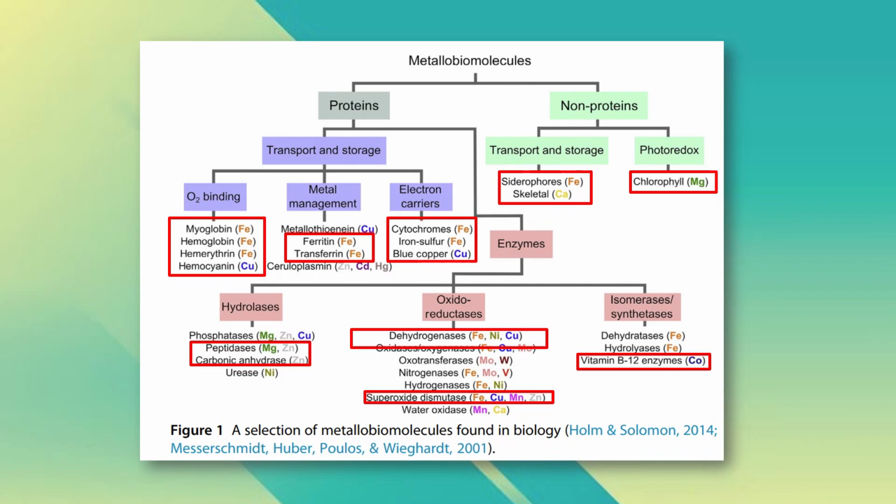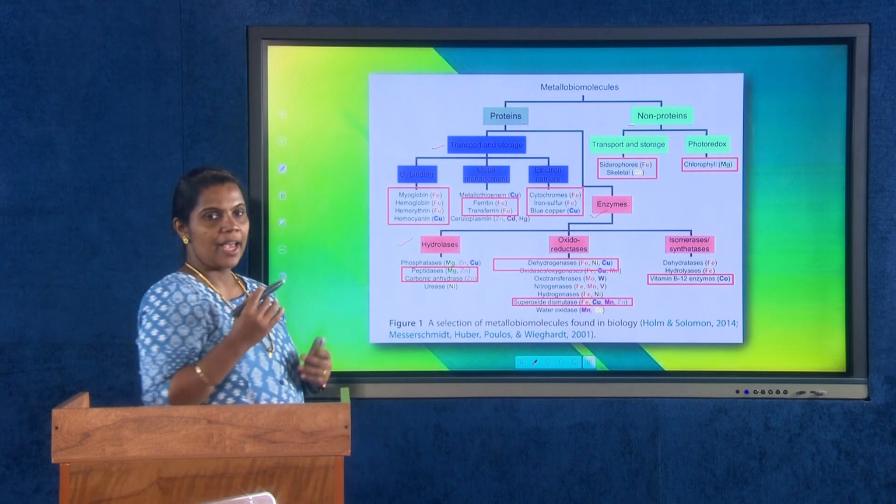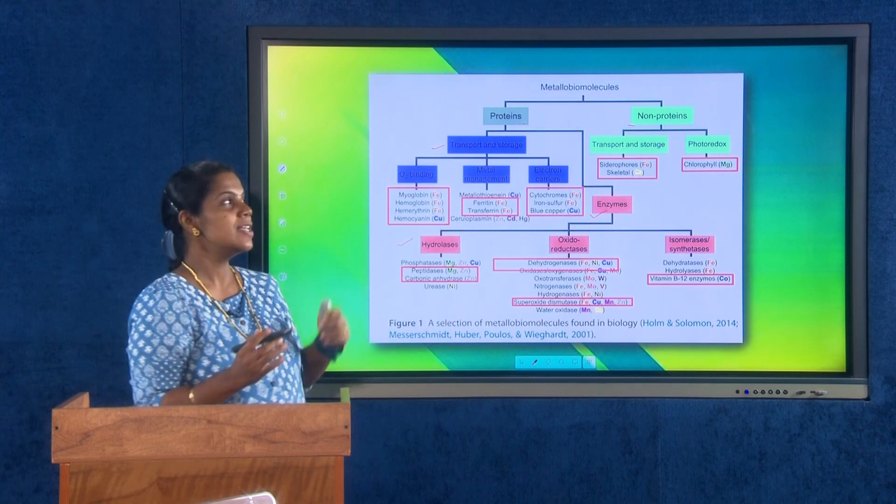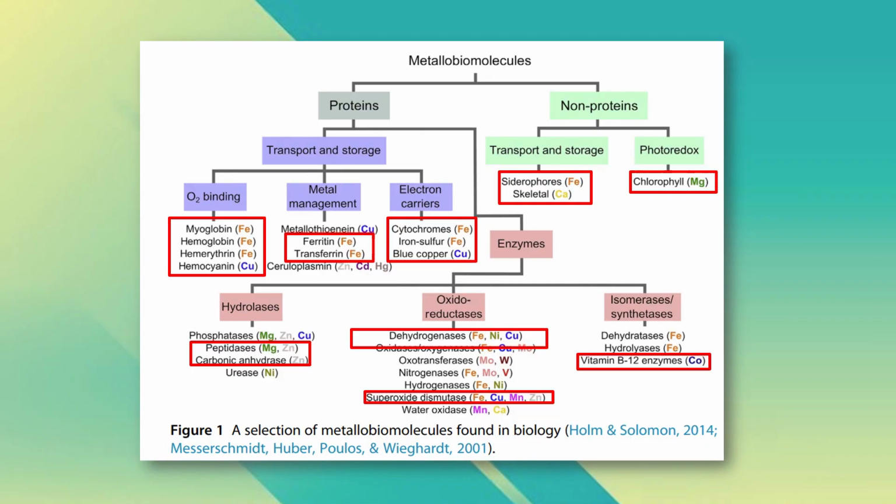The transport and storage proteins are further classified into oxygen binding proteins, metal management proteins, and electron carrier proteins. The enzymes are further classified as hydrolases, oxidoreductases, isomerases, and synthases. And we are going to discuss some of the very important metallobiomolecules present in living systems, and they are highlighted here.